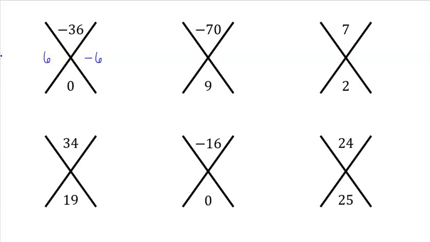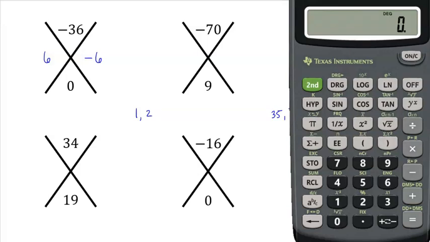All right, now let's go ahead and do 70 and 9. So I have 1 and 70, 2 and 35. And remember, if you're struggling with those divisibility rules or with your basic facts, use that calculator. So I'm going to put in 70 divided by 3.